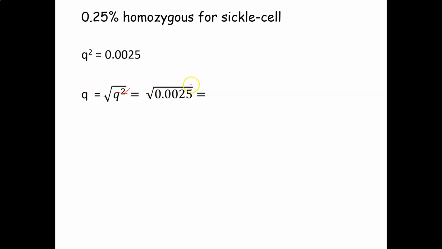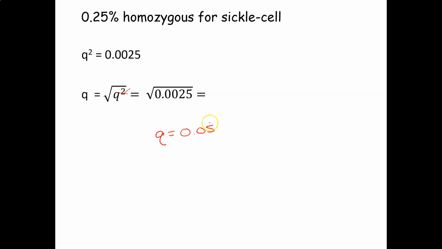So if I do that to the number, what do I end up with? When I take the square root of this number, then Q ends up equaling 0.05.